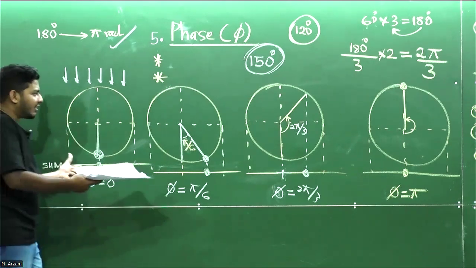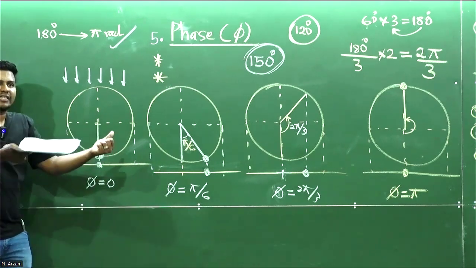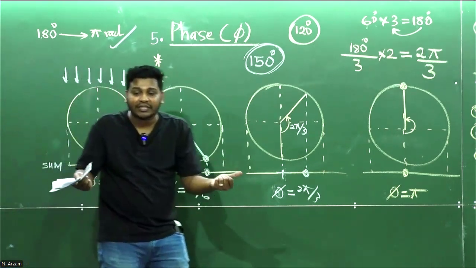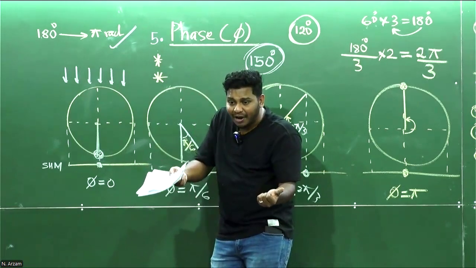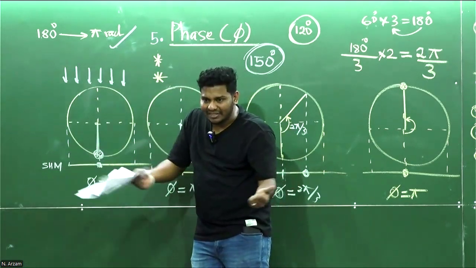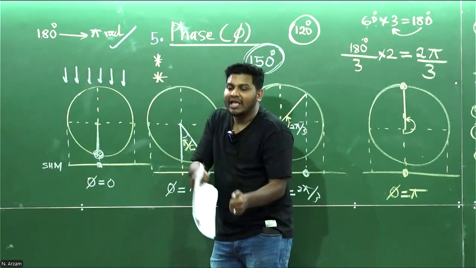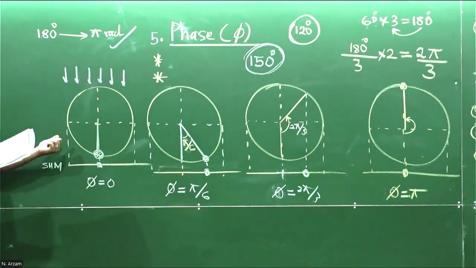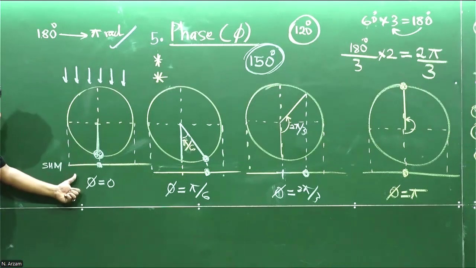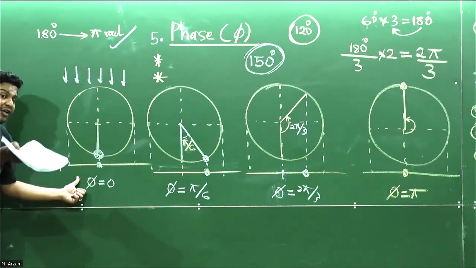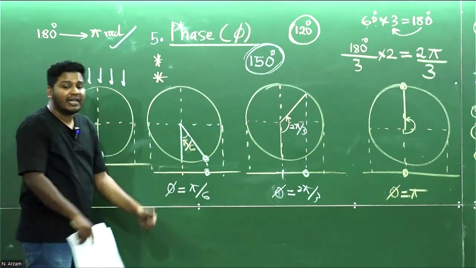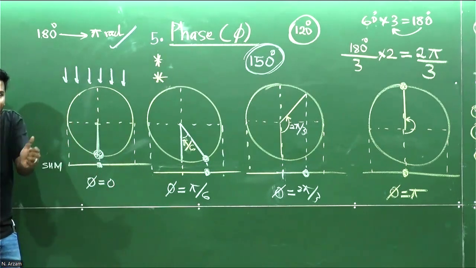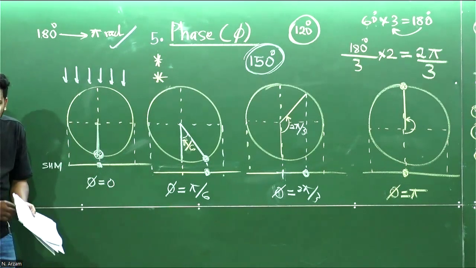If someone says the particle is at the equilibrium point, we don't know how many full rotations or half rotations the particle has already completed. That's why we use the term phi. If we know the phase, we know how many rotations it has finished and where the particle is now. You got the point, right?